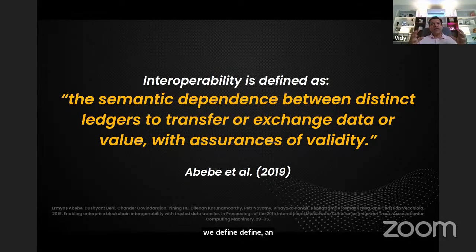When we are transferring some information from this blockchain to this blockchain, that transfer could be about data or it could be about value. Data is any kind of data, and value is a value associated to that data. For example, if it is Bitcoin, then you are transferring the value in the form of Bitcoins.